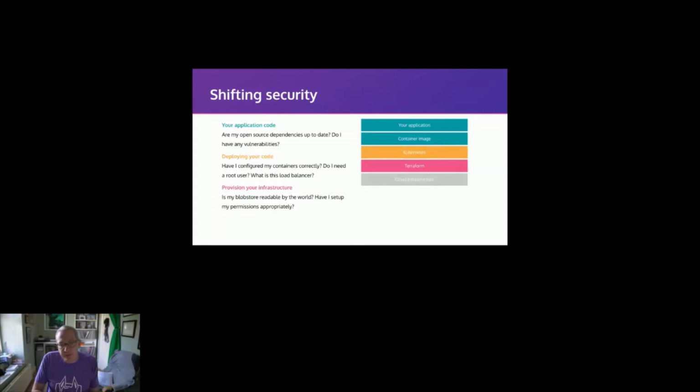As I said in the previous slide, developer-driven teams now have responsibilities for most of our deployment stack, and this gives developers much greater responsibility for ensuring that these things are secure. By the time our code and our infrastructure is deployed to production, it's really too late to deal with security issues.